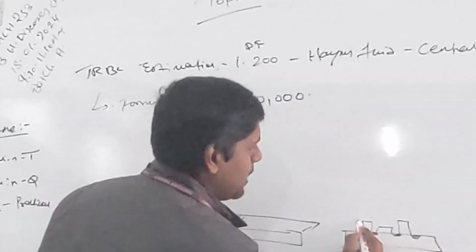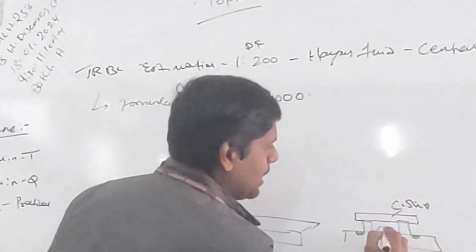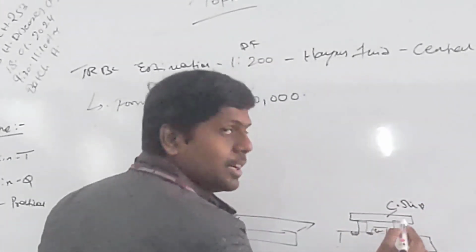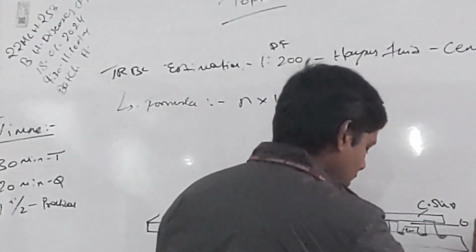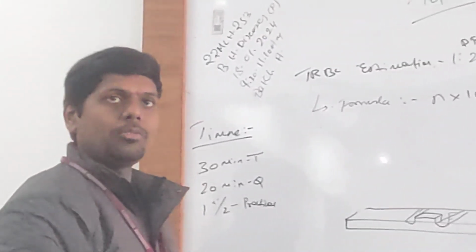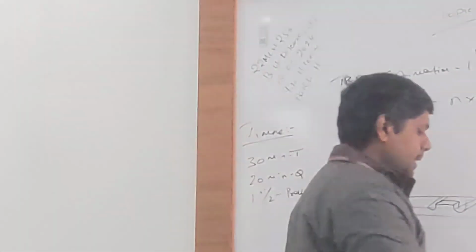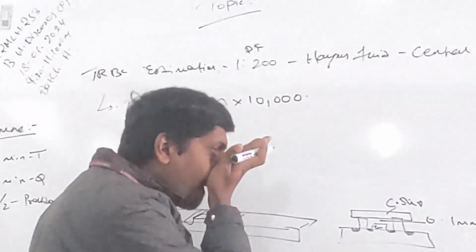Here we are keeping a cover slip. Then the counting area, and this depth is 0.1 mm. The depth of the Neubauer chamber is 0.1 mm. Then this is the cover slip.